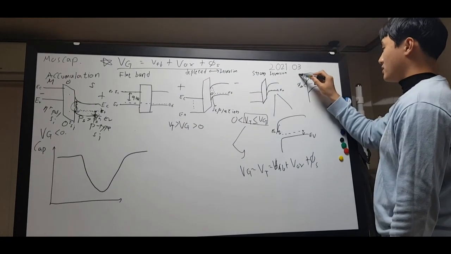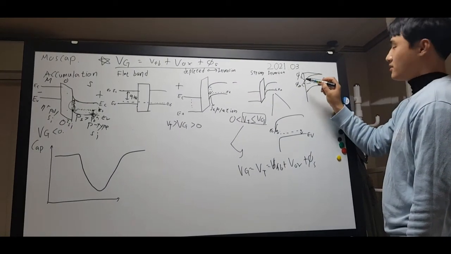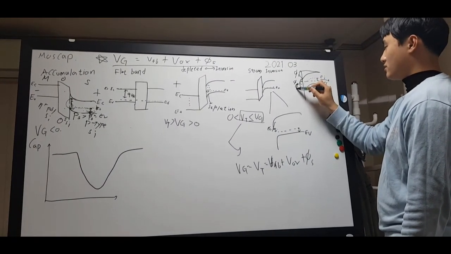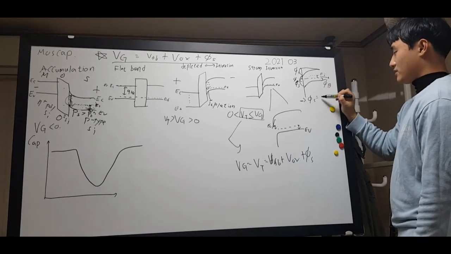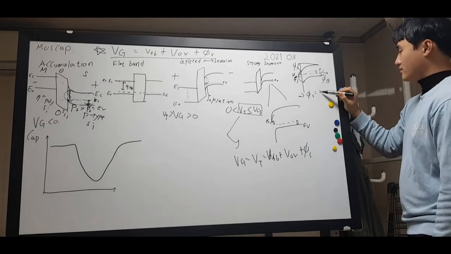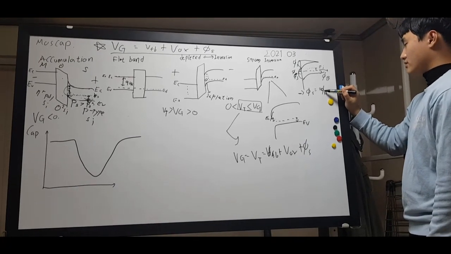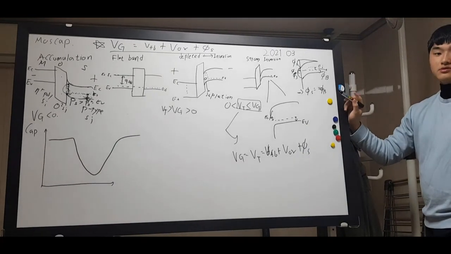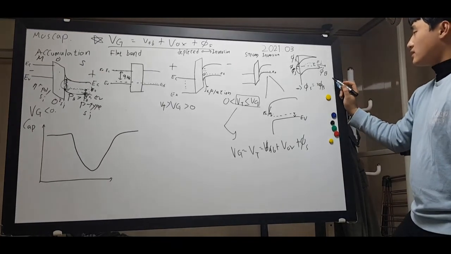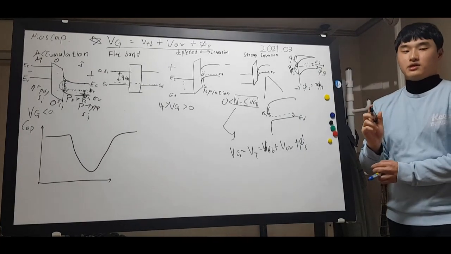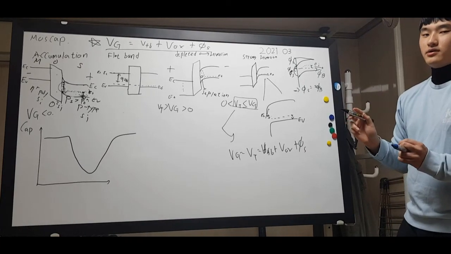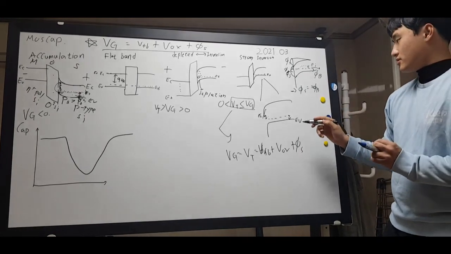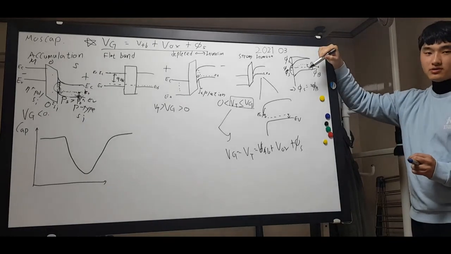The surface potential is here and also here, and as you can see, the surface potential will be the same as double theta b. This will happen when the Fermi level and the intrinsic Fermi level difference is double at the surface. So we call this a strong inversion.